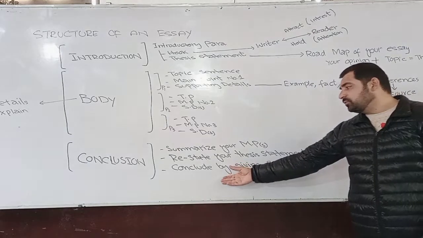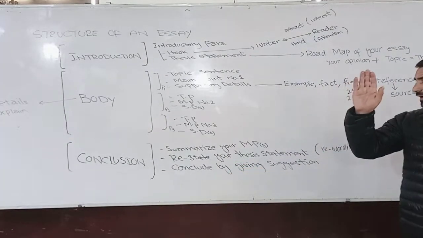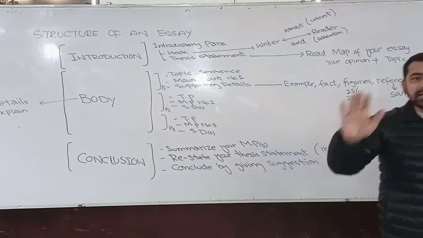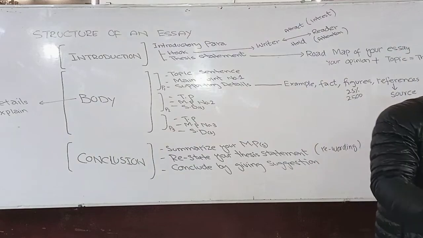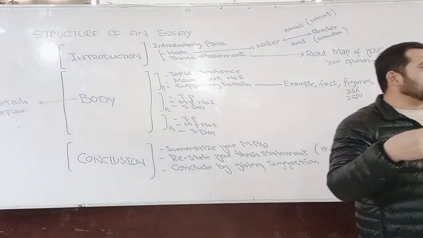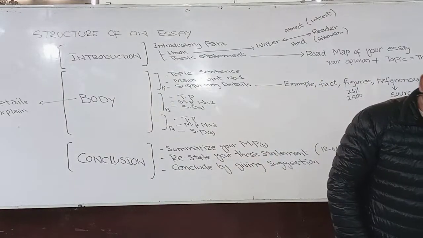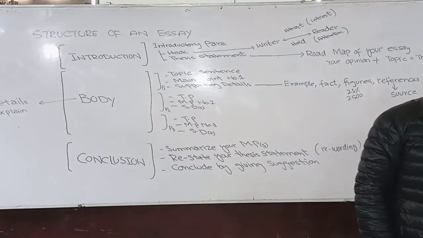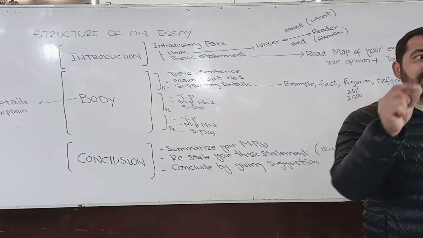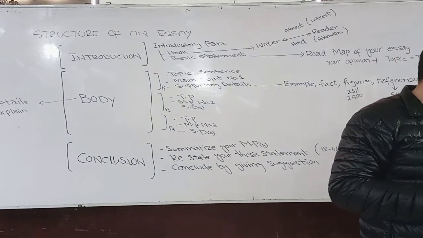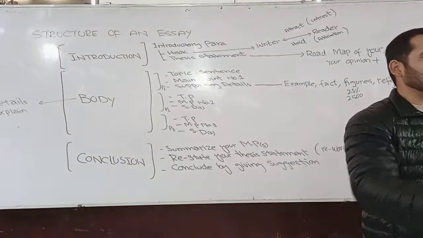And then coming towards the last thing you have to do in the concluding para, you should conclude either by making some suggestions regarding the topic, or you could make certain recommendations to the reader, or there is another technique: some writers leave a question to the reader and let them decide what is right, what is wrong.